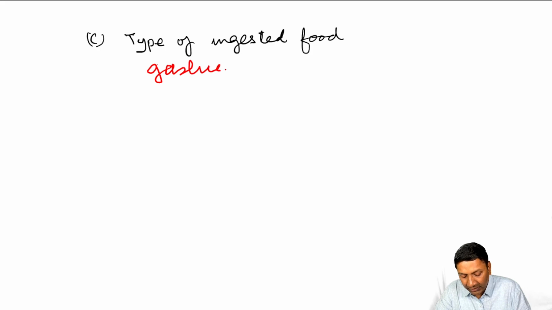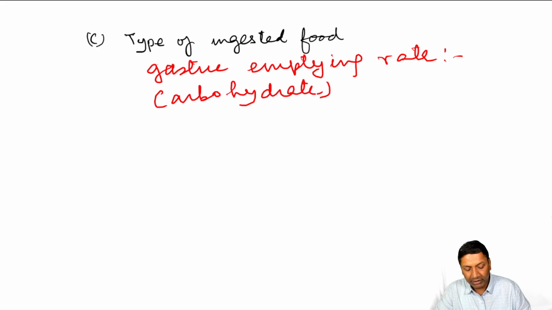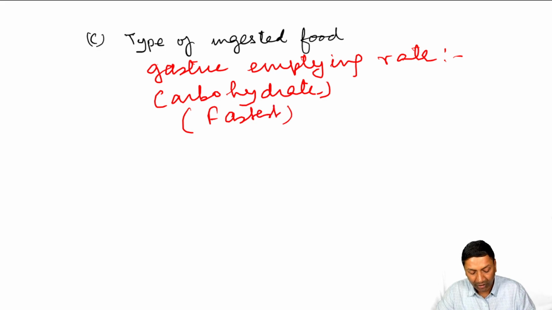So this gastric emptying rate will depend upon the type of the food we ingest, and if the food is carbohydrate, it will leave the stomach very fast. So its gastric emptying is the fastest, right?